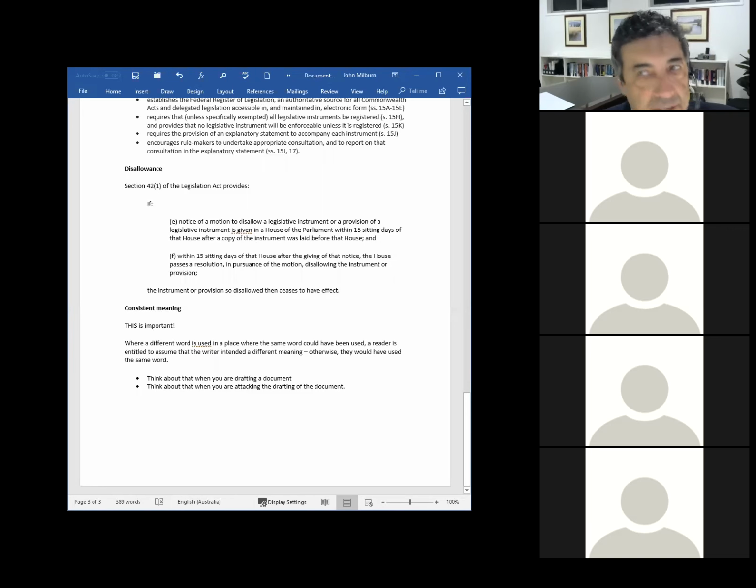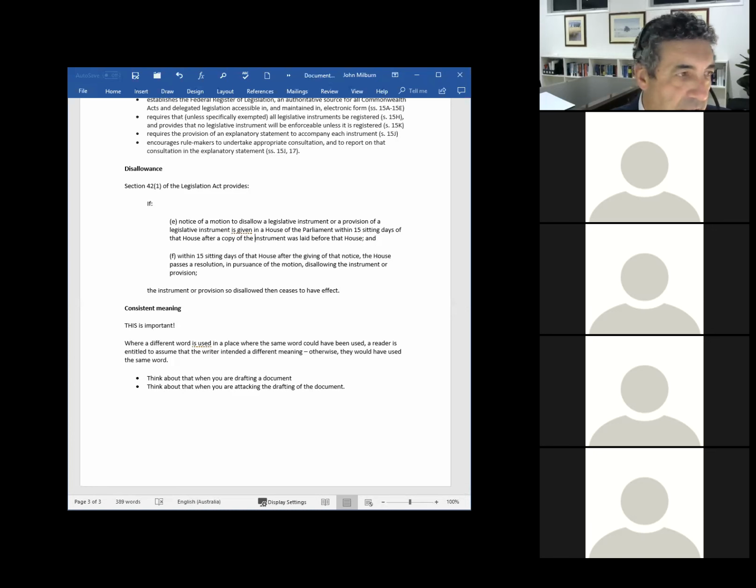And just one other thing, consistent meaning. Now this is a separate thought, but I thought I'd put it on the slide for you because to my mind, this is important. So when you're drafting your material, be aware that I'll be looking for a consistency in the methodology and the wording. This is important. Where a different word is used in place where the same word could have been used, I'm entitled to assume that you meant a different meaning, otherwise you would have used the same word.